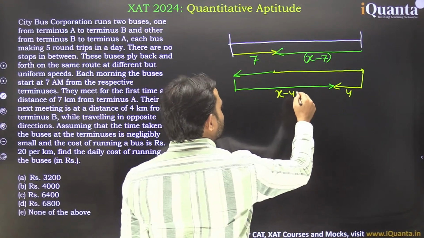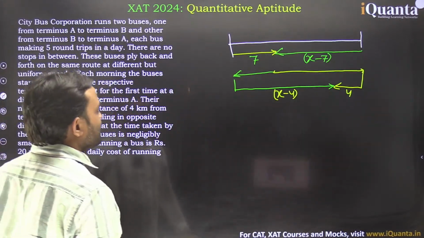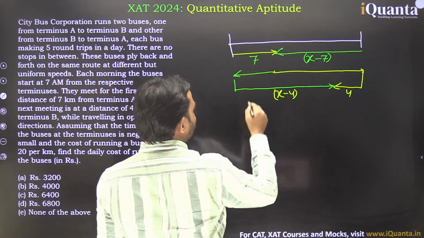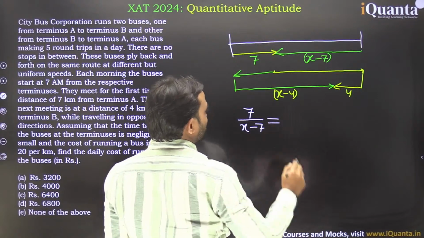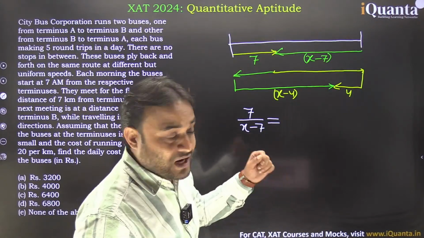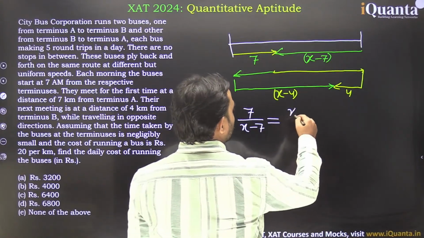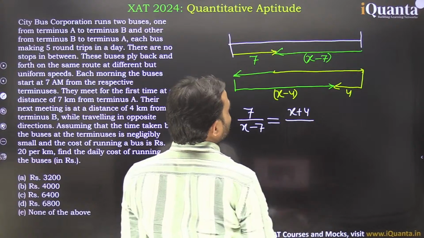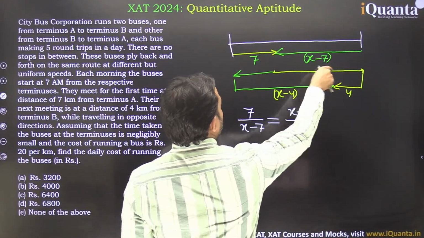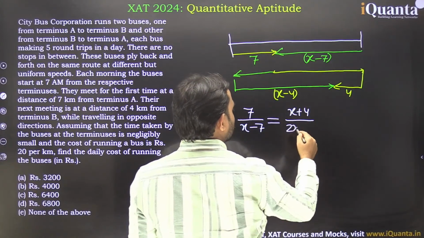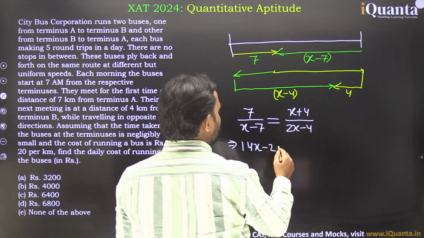This is 4, this is x minus 4. Again in that case, if we find the ratio of their speeds, in the first case it will be 7 upon x minus 7. This should be equal to, now check the yellow line, total distance covered by the yellow one will be x plus 4, and total distance covered by the green one will be x minus 7 plus x minus 4, so 2x minus 11... in that case it will be 14x minus 28.